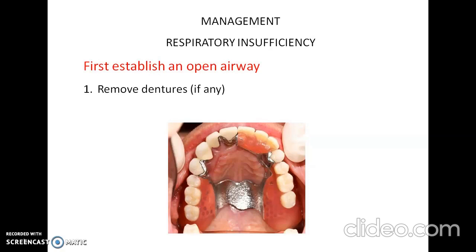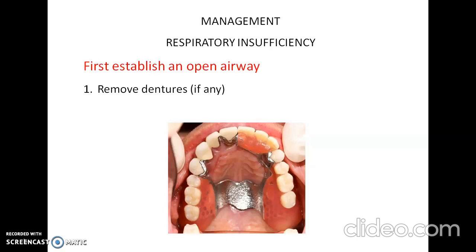Respiratory insufficiency should be addressed, along with circulatory failure, cardiac arrhythmia or CNS depression. Up to the last video, we had discussed such things. Today, we will be continuing with respiratory insufficiency as a part of the management of airway and breathing insufficiency, which may be observed in many poisoning conditions.